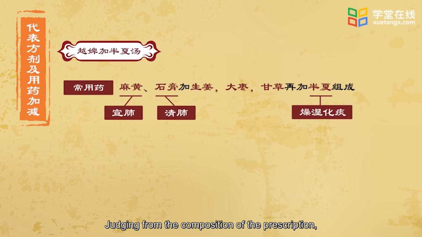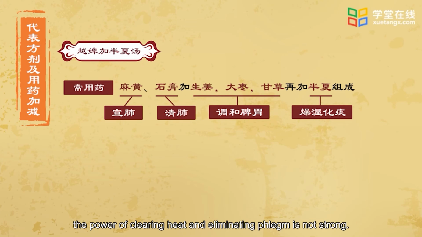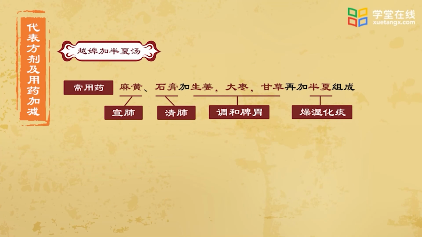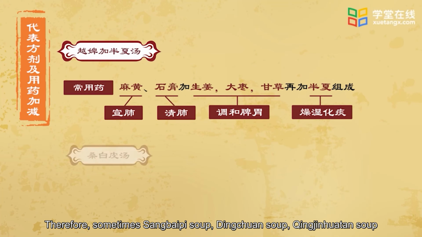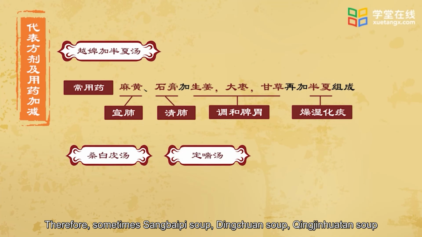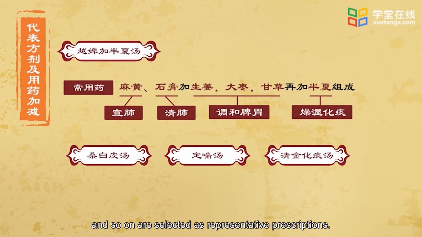Judging from the composition of the prescription, the power of clearing heat and eliminating phlegm is not strong. Therefore, sometimes Sang Bai Pi decoction, Ding Chuan decoction, Qing Jing Hua Tan decoction, and so on are selected as representative prescriptions. Pay attention to the differences and connections between them.